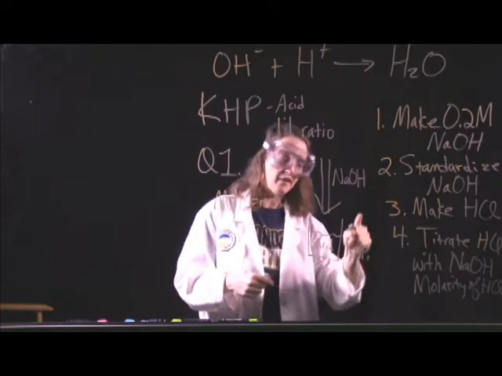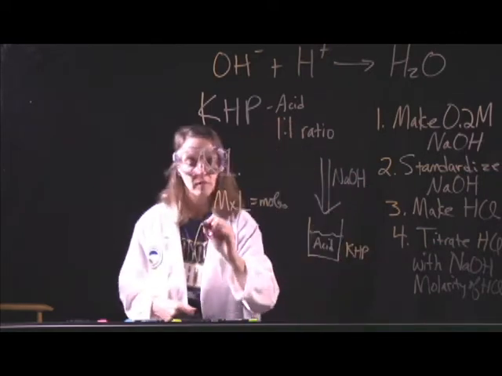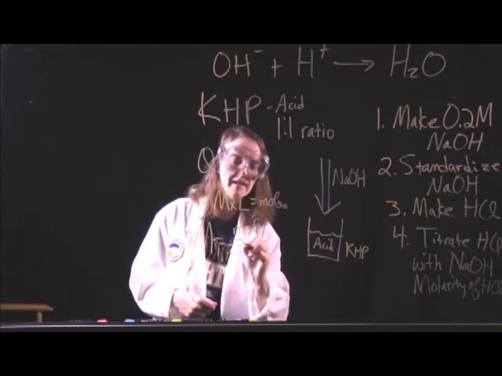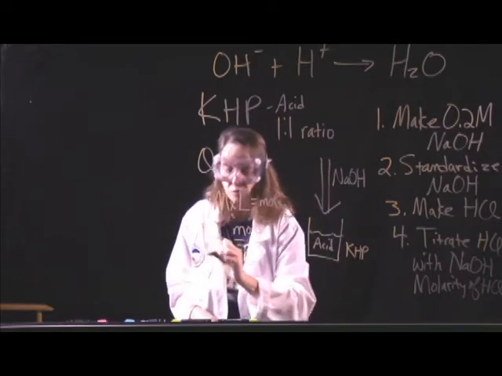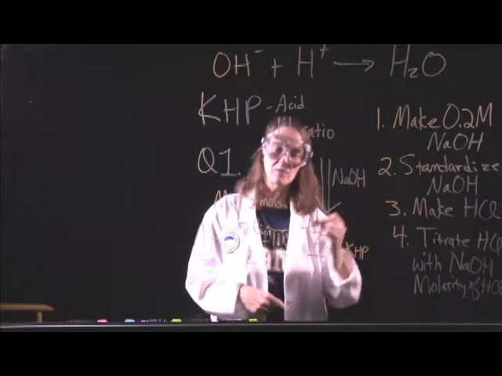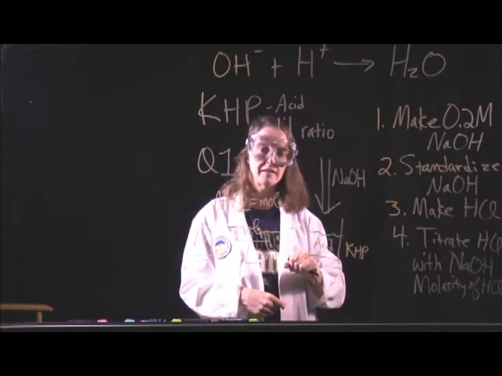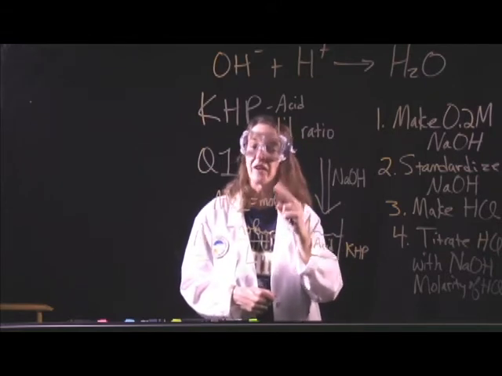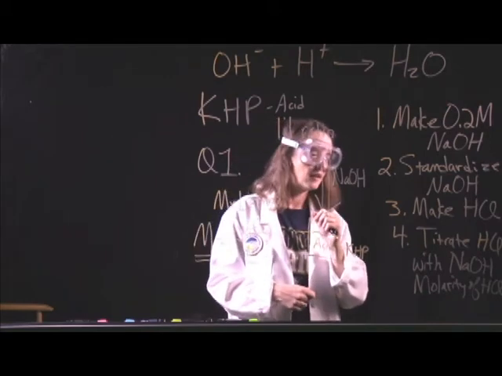And so if moles of acid are equal to moles of base at the end point, you know the number of moles of sodium hydroxide divided by the number of liters that you used. Now you will have the concentration of sodium hydroxide to at least 3 significant figures. That's what you're trying to do in this part of the experiment. That is your standardization. And you need at least 2 results that are fairly close to one another, within 5%.